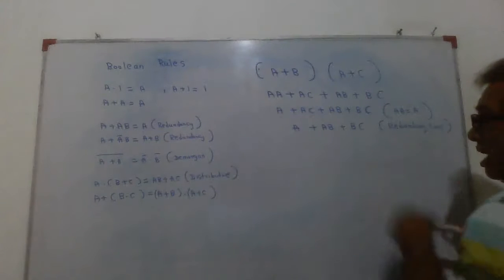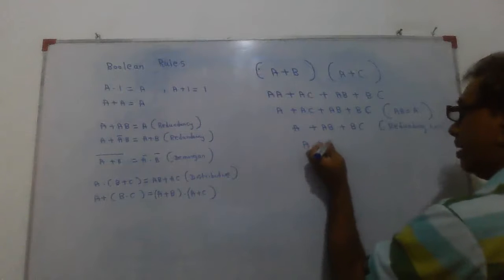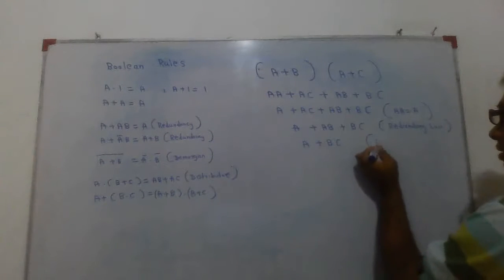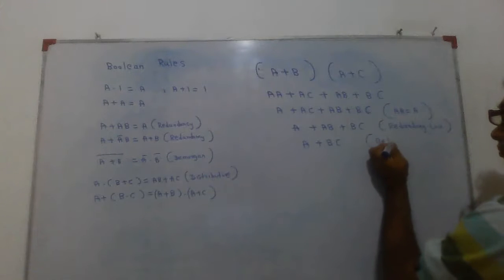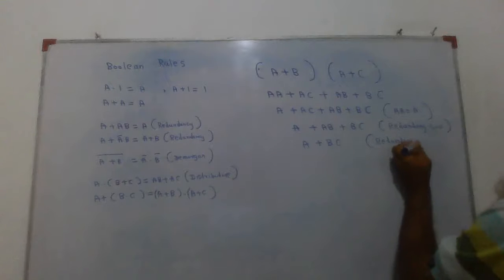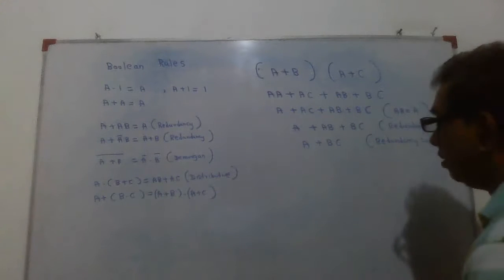So A or A and B means A. Again we reduce it to A. Then A or B and C, we have applied the redundancy law again.